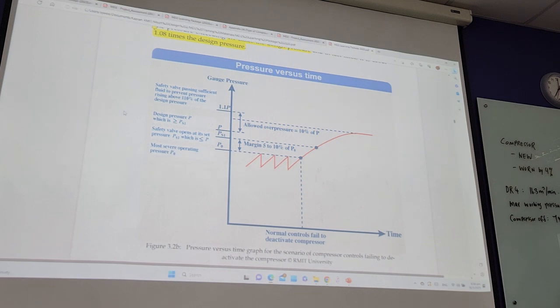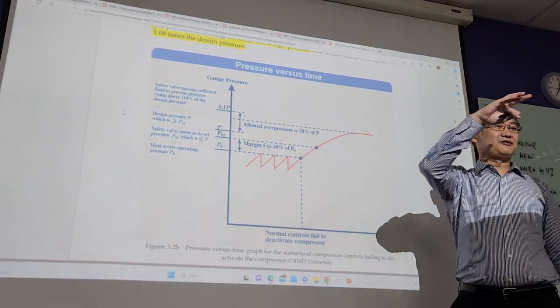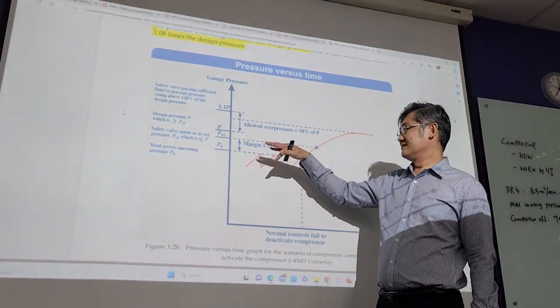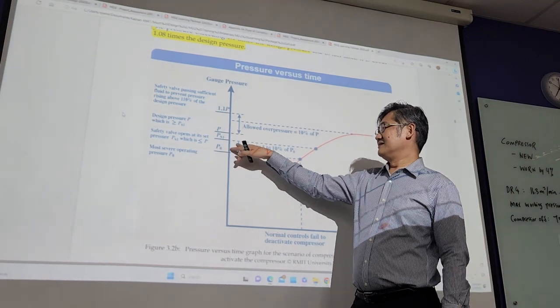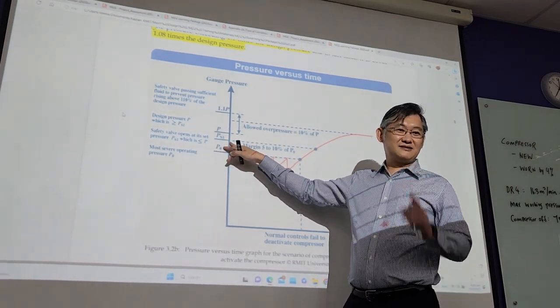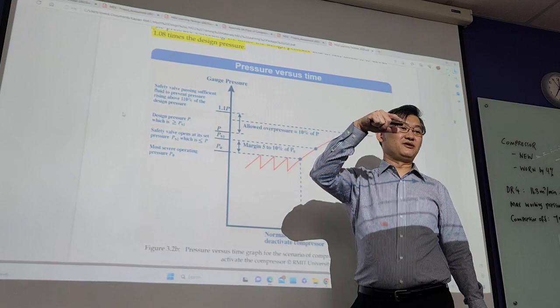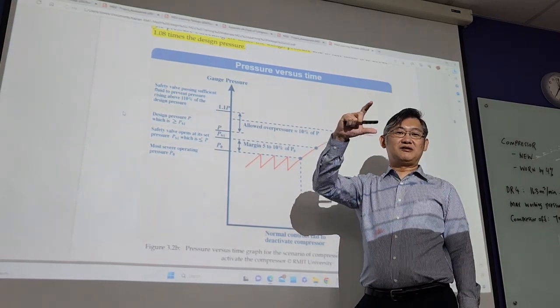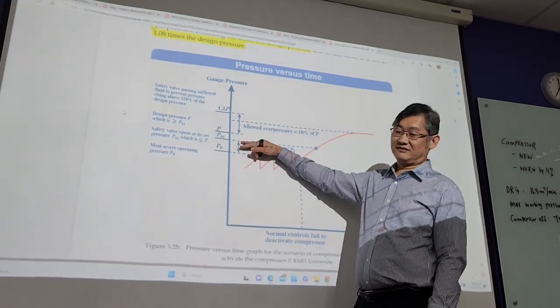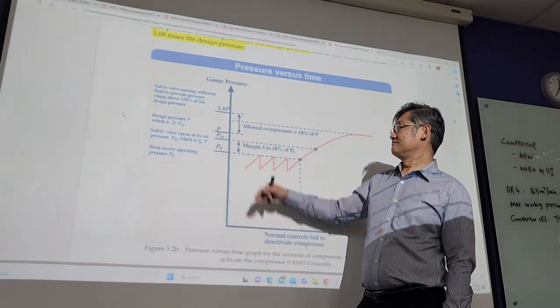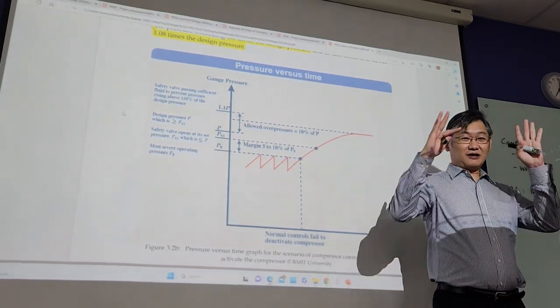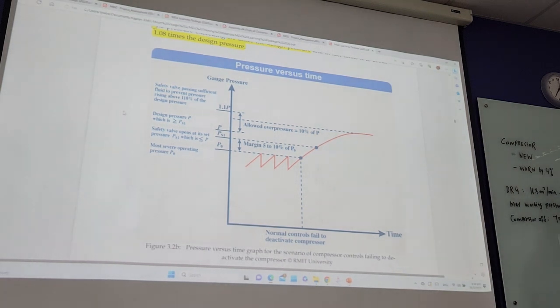To make our life easy, we will use the maximum working pressure, which is very close, 862.5. So in this case, later on for your question, we will set the pressure at 862.5, according to the maximum working pressure of your compressor.